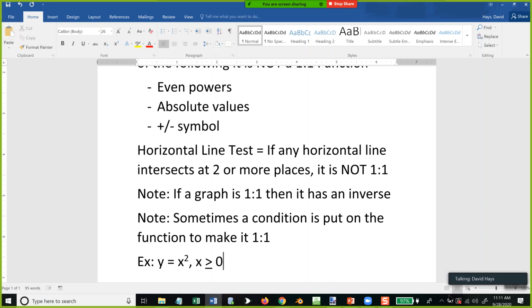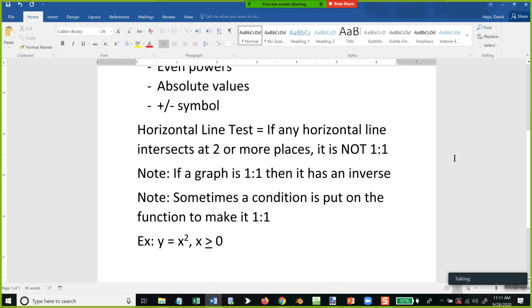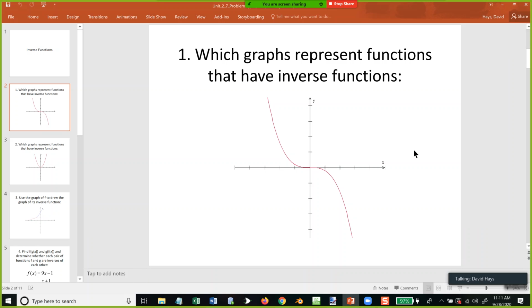So it's always, they give you a function, and then they make it 1-to-1 by putting a condition on it. Okay, so if I look at this problem here.